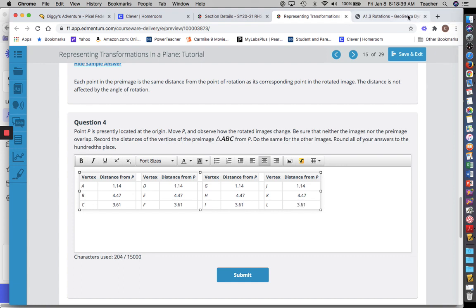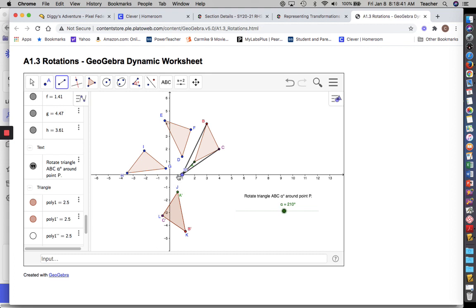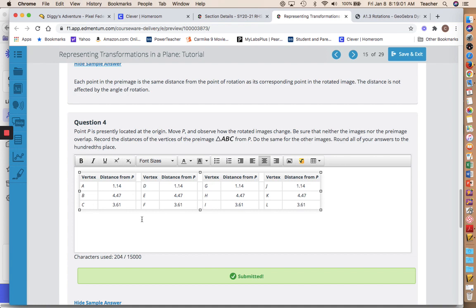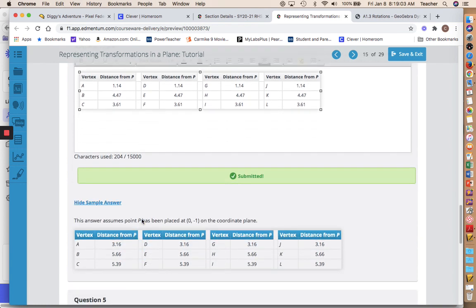I put my P just kind of over on the x-axis at 1. If you put your P anywhere else, then your distances are not going to be the same as mine. However, the top 4, the middle 4, and the bottom 4 will all be the same no matter where you put your P. So you may not have the same numbers as me, but those rows should be the same no matter what.